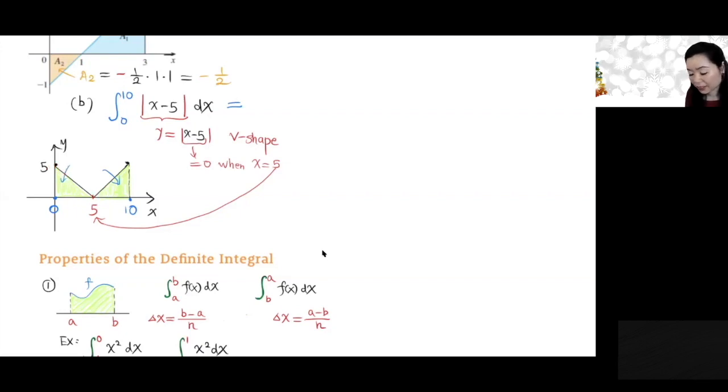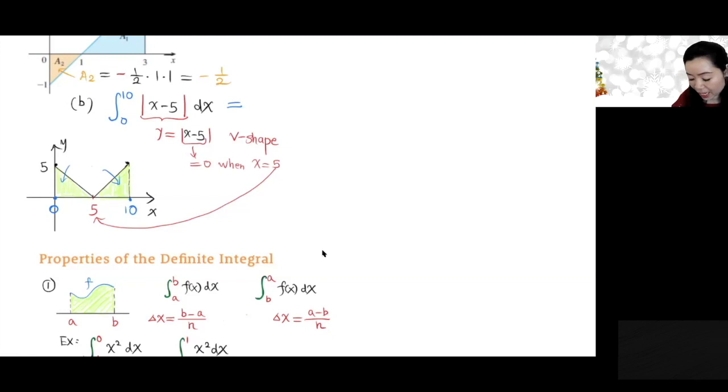Now, this integral, think about that as the area under the curve. So this is the curve, okay? And now x goes from 0 to 100. So this integral, think about as the green highlighted area. Now, by symmetry, we can just find one of them and double, right? So what's the area of this triangle? 25 over 2. Yeah, 25 over 2, right?